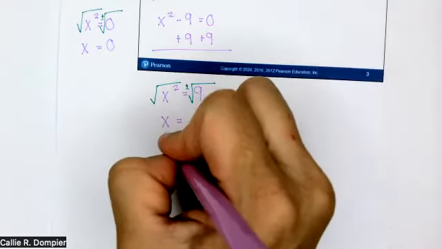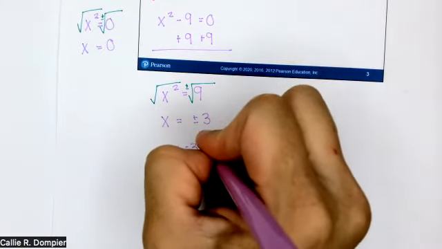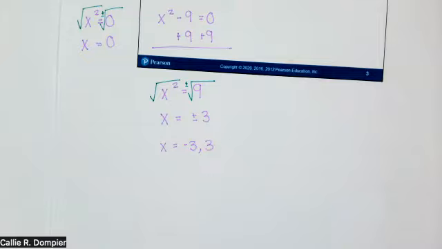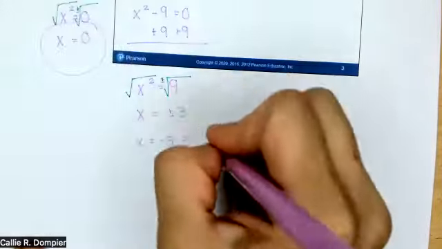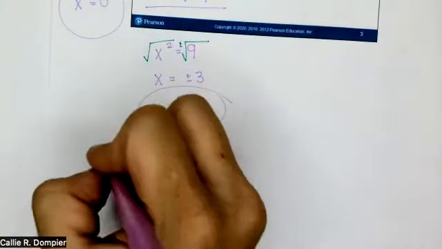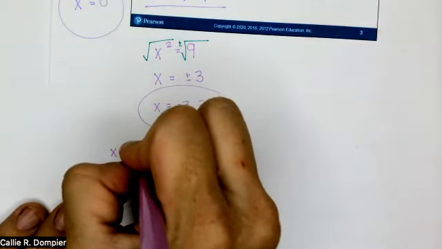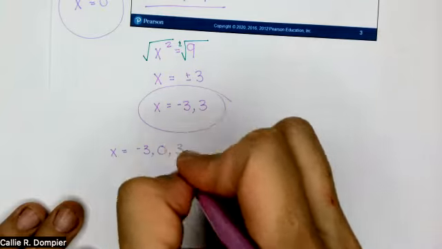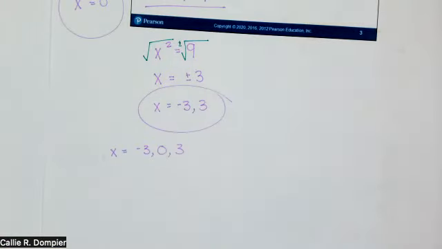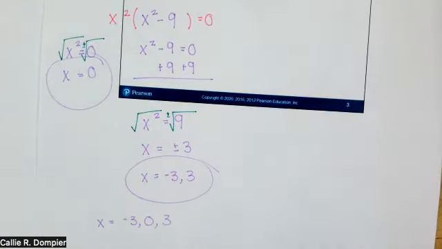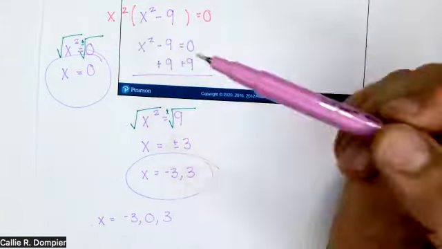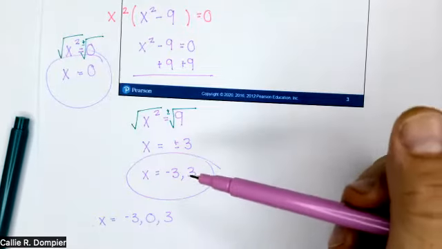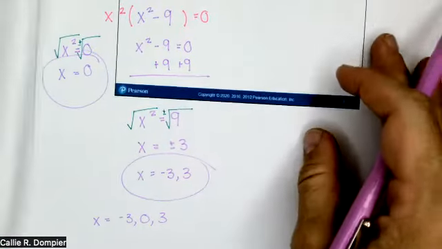So we have x equals -3 and 3. And I'm so sorry, we also have this one over here. I forgot about him. So these are all of our answers. So we have x is -3, 0, and +3. The two answers for this were -3 and +3. The one answer for this was 0. So all three of our answers together are 0, -3, and +3.